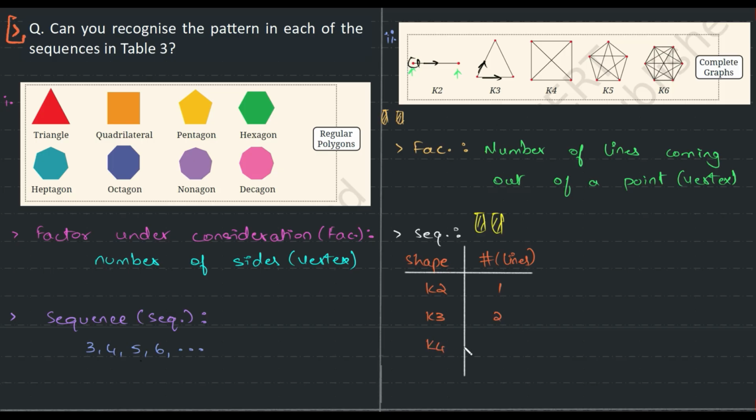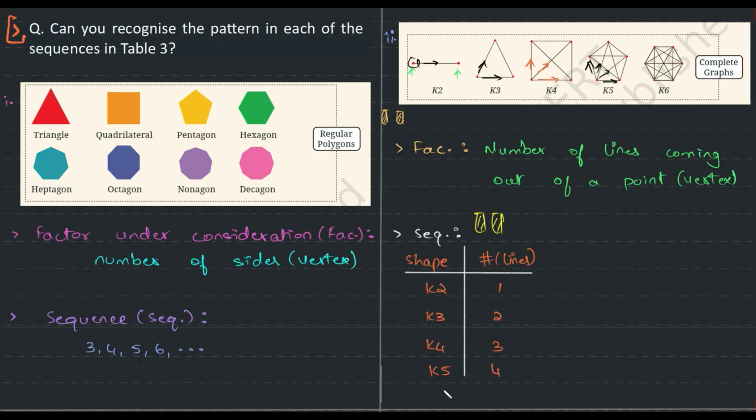For K4, it is 1, 2, 3. Can you see the sequence? Can you predict what K5 will be? Let's have a prediction. K5 according to this will be 4. Let's see if our prediction is right. So we have 1, 2, 3 and 4. Did we predict it right? Yes. So we have a hang of it.